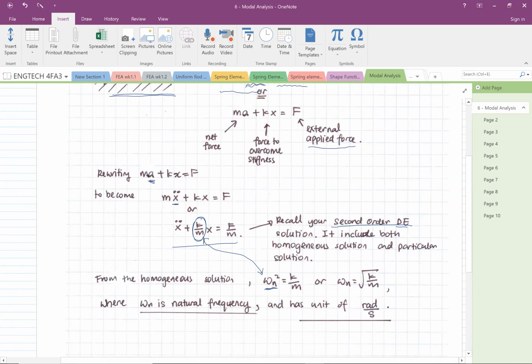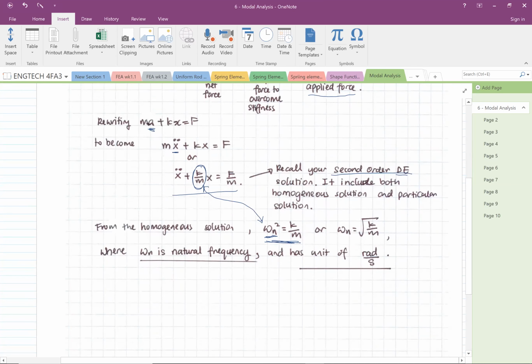So k over mass is the natural frequency squared. How we developed that was driven by many scientists, probably a few years of study. We are the lucky ones. We just use it. And the unit is always radians per second.